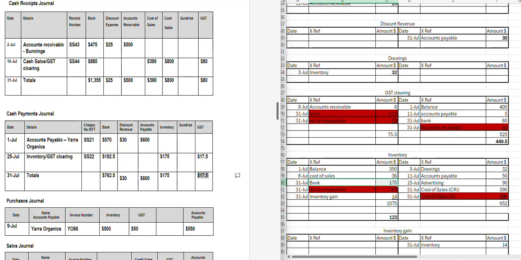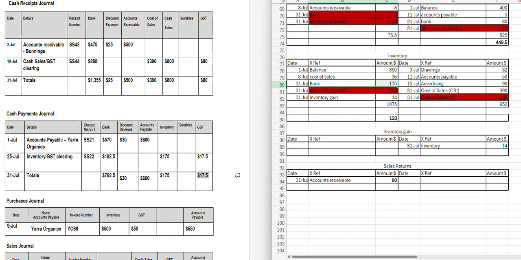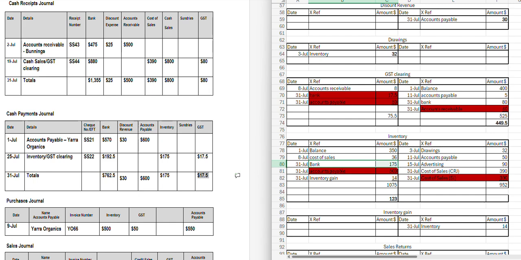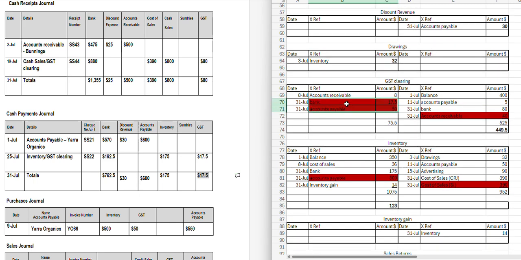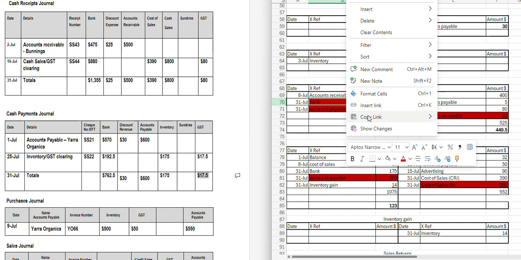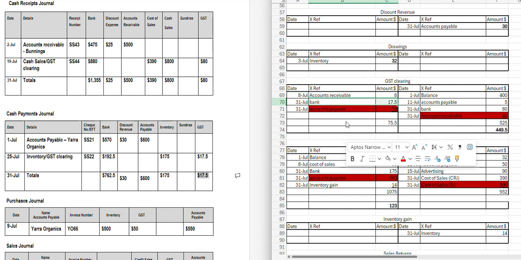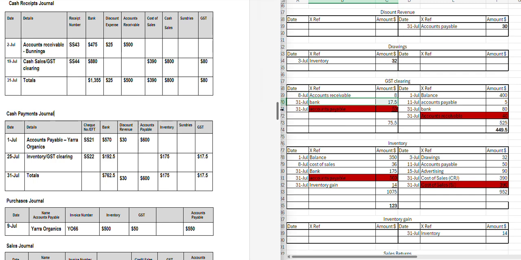Now, when we pay for items and there's a GST component, that actually reduces our GST liability. And when we have a reduction in our liability, that is a debit entry. Our cross-reference is going to be bank, because that's, again, how we funded that GST. Okay, we've got 2 to go.